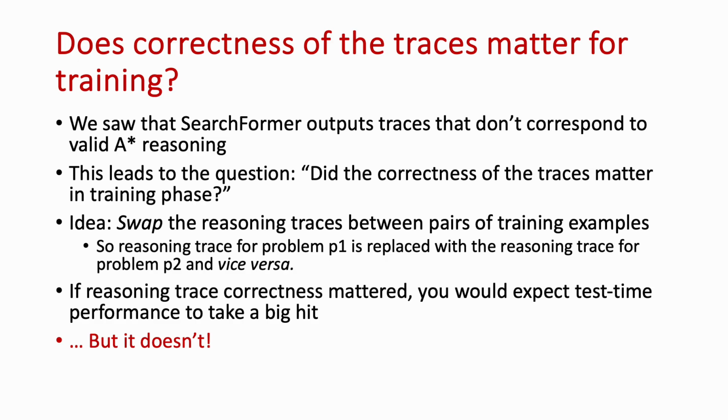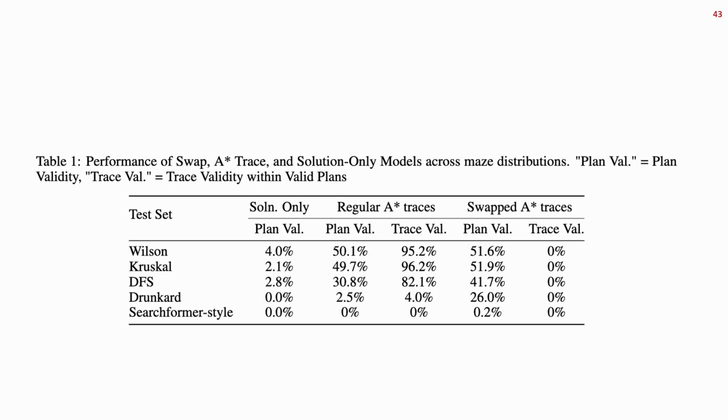Okay? Now you see this, then we ask the next question, does correctness even matter? One way of checking this is we took the traces for problem 1 and swapped them with the traces for problem 2. So these are wrong traces but correct solutions. And you train the transformer that way. Then you check the accuracy, and one of the things that's mind-blowing is it actually improves performance.